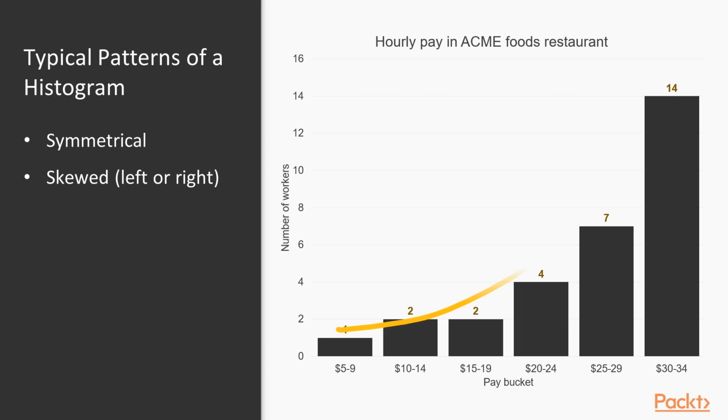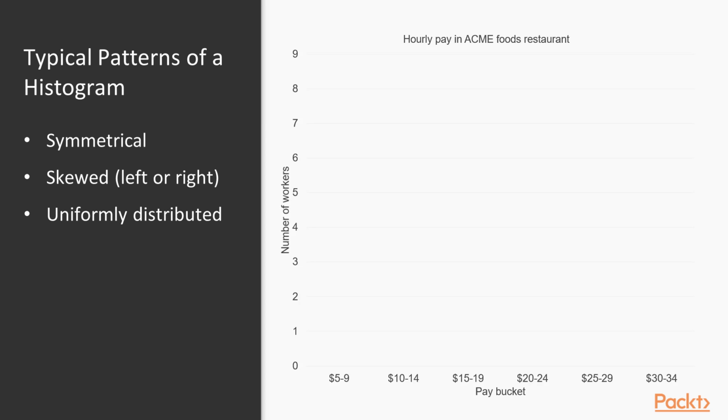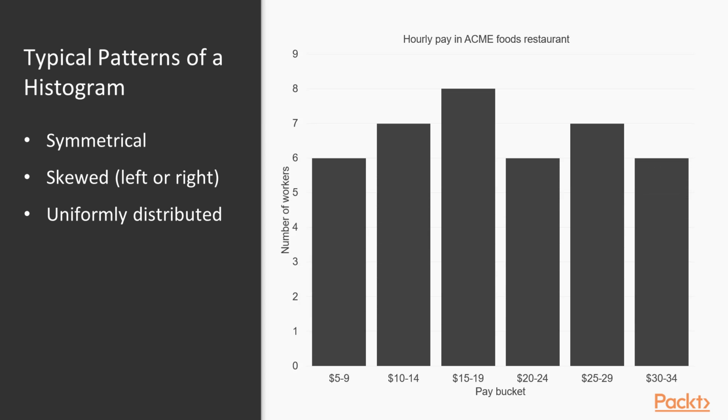Another pattern that we can see is the skewed pattern, either to the leftmost or rightmost values of our data set, and an example would be a histogram that looks something like this. So here we see that most of our workers earn somewhere between $30 and $34 per hour, and all the lesser buckets have fewer and fewer workers in them. And yes, this is how the skewed pattern may look. Then the next pattern, very typical in real-life histograms, is the uniformly distributed pattern, and this is when there is no maximum in our buckets.